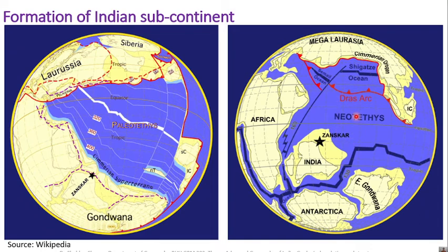And there was a huge ocean in between called the Neo-Tethys Sea, which eventually closed, and we now have the Himalayan ranges here. The collision time is approximately 50 to 55 million years ago, right?